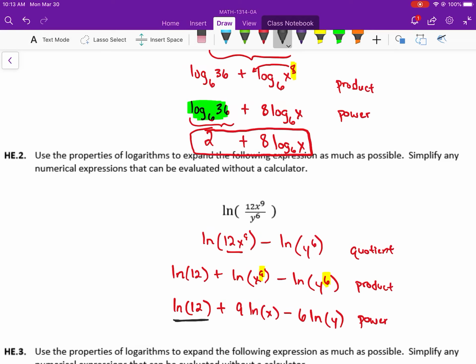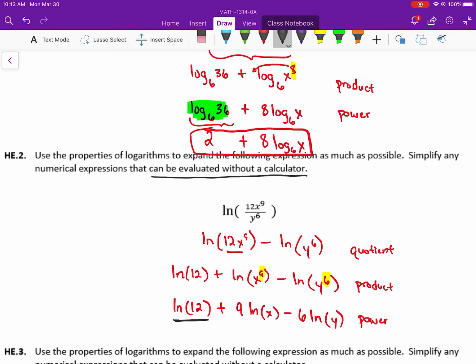Now, a lot of students will ask me, why are we not simplifying that? Because we simplified it earlier. Back in Hawk's example 1, we did log base 6 of 36 equals 2. Now notice it says in the question, "can be evaluated without a calculator." So can we do ln 12 without a calculator?